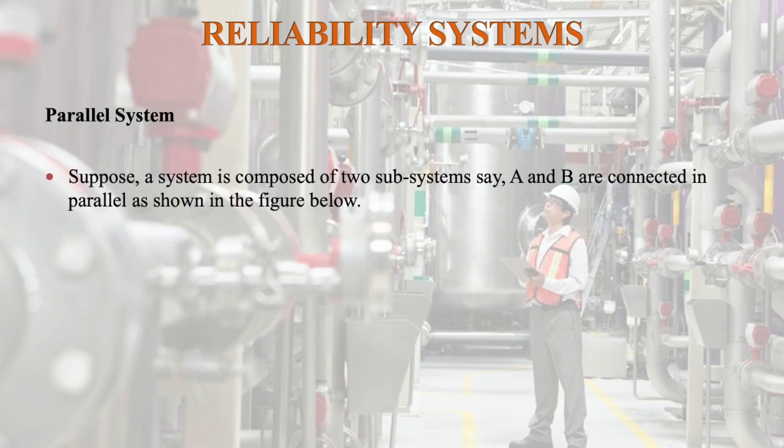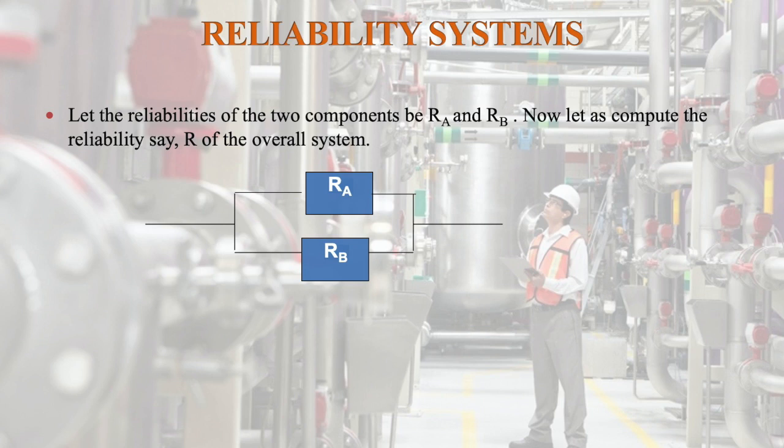Suppose a system is composed of two subsystems, say A and B, connected in parallel as shown in the figure below. Let the reliabilities of the two components be RA and RB. Now let us compute the reliability, say R, of the overall system.